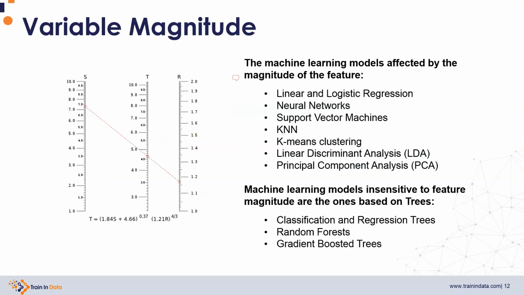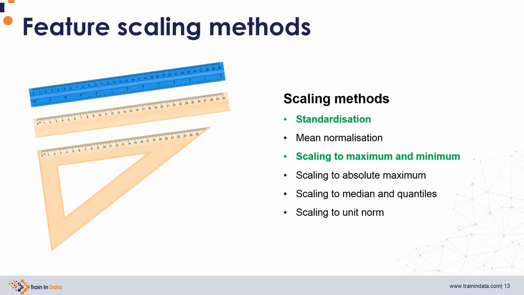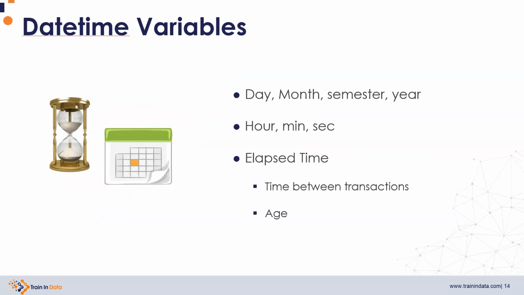When we want to put the variables in a similar scale, there are also a number of procedures that we can apply, and the most common ones are standardization, where we subtract the mean value and divide by the standard deviation, or the scaling to the maximum and minimum value. If we have date-time variables, we normally don't use them in the raw format to train our machine learning models.